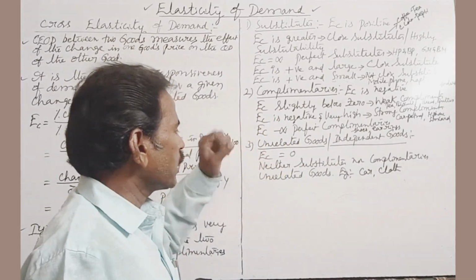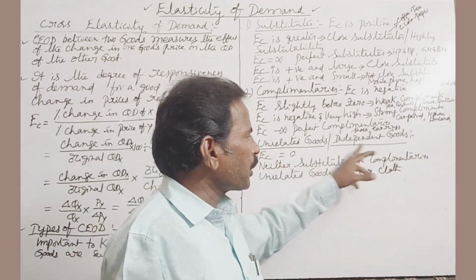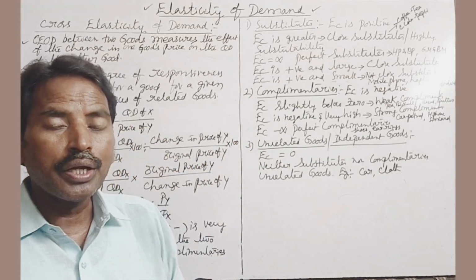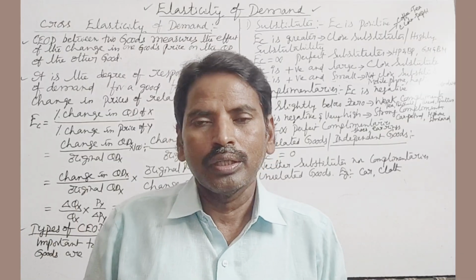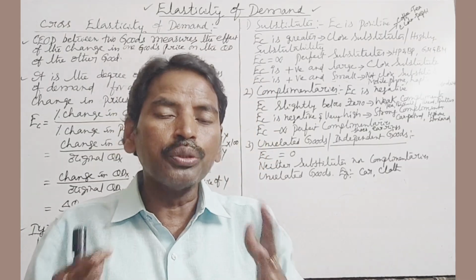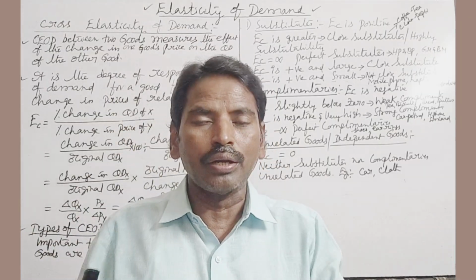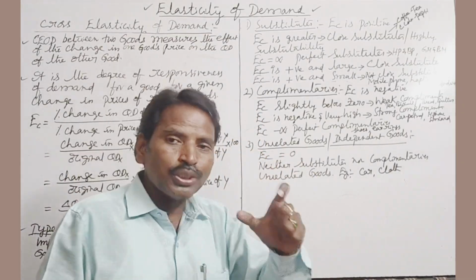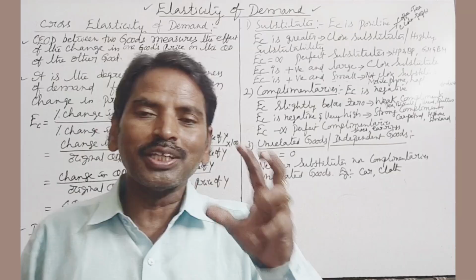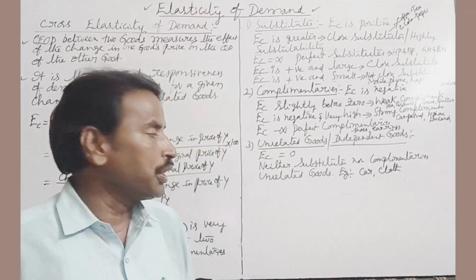Next, the third category is unrelated goods or independent goods, not related or connected to one another. EC is equal to 0. Cross price elasticity of demand is equal to 0.